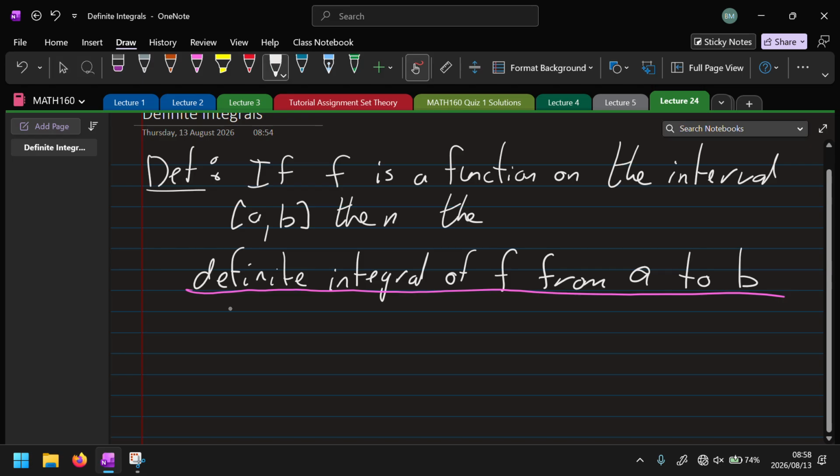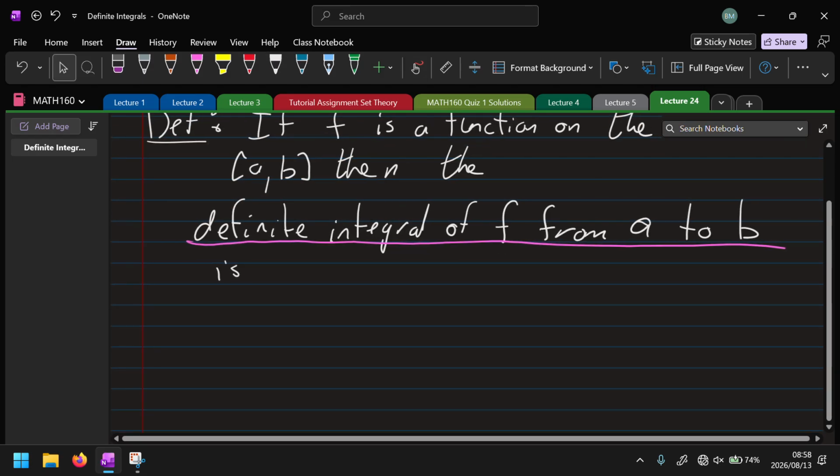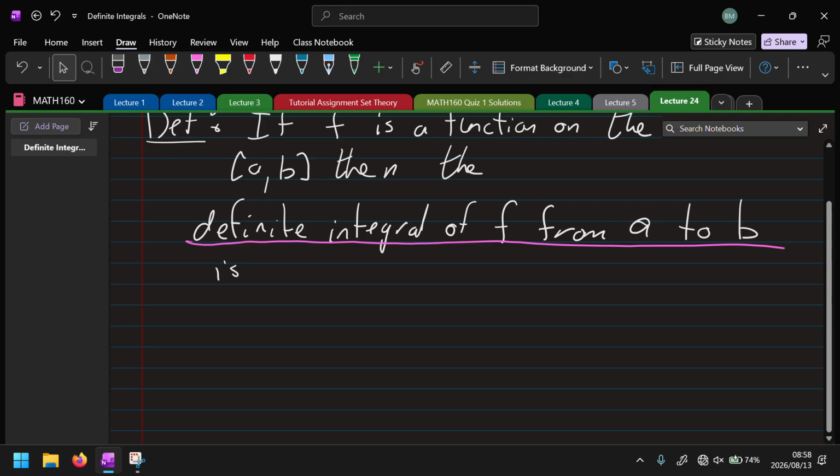Is, and we have this funny notation for it, but I'll go through it in a lot of detail. Just take it down. We write this symbol here. It's an elongated S kind of shape. You will have a lot of practice drawing this, don't worry.